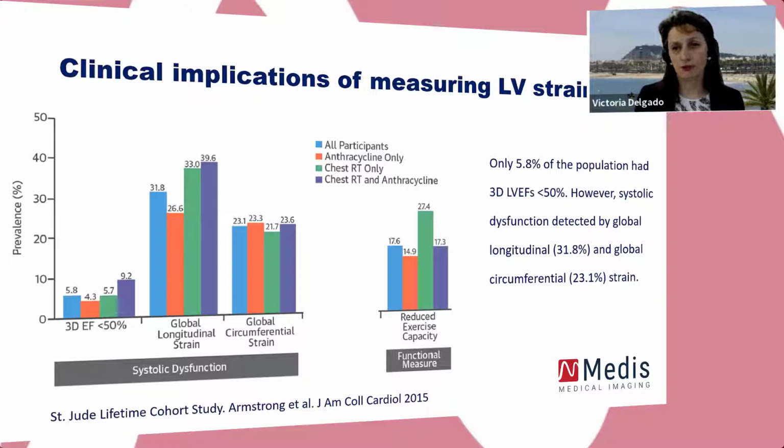Actually, many of these patients could have reduced functional capacity even if they had a normal three-dimensional ejection fraction. So in summary from this study, only 6% of the population had an ejection fraction based on 3D echo less than 50%, but systolic dysfunction detected by global longitudinal strain and circumferential strain reached almost 32%. So these have important implications.